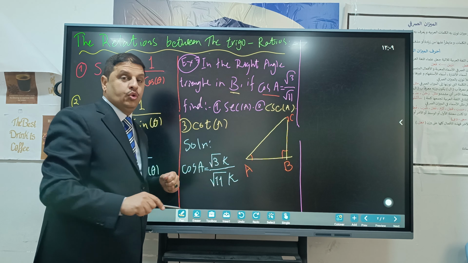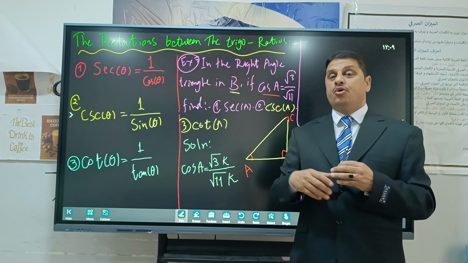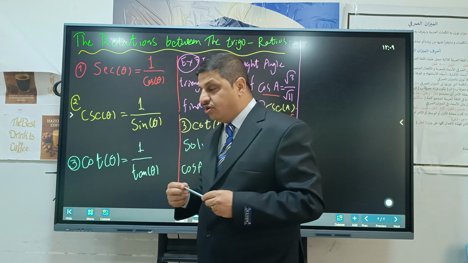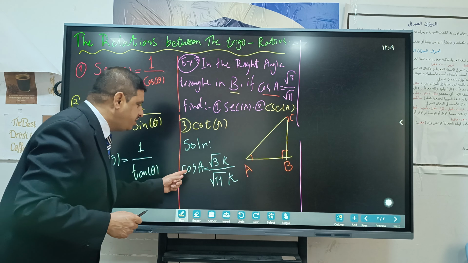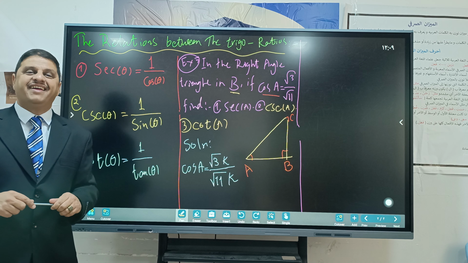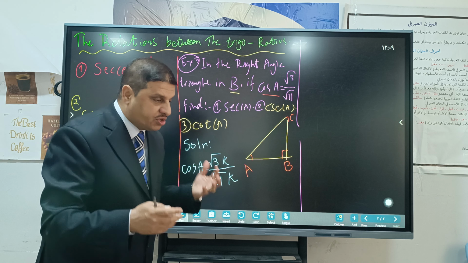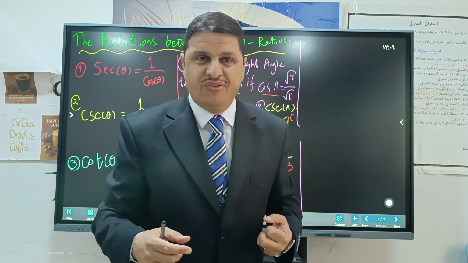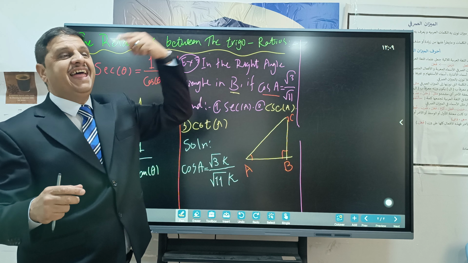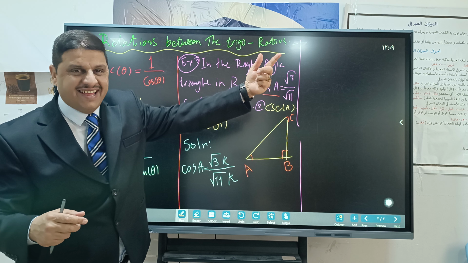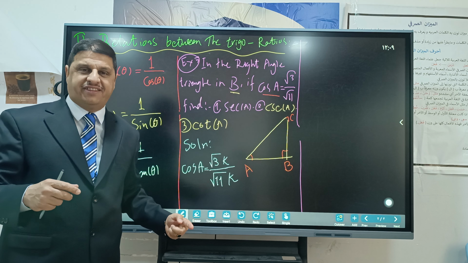I mean, did you remember when we studied the trigonometric ratios? What did we call the cosine of A? We call the cosine of A as what? The length of the adjacent side divided by the length of the hypotenuse.